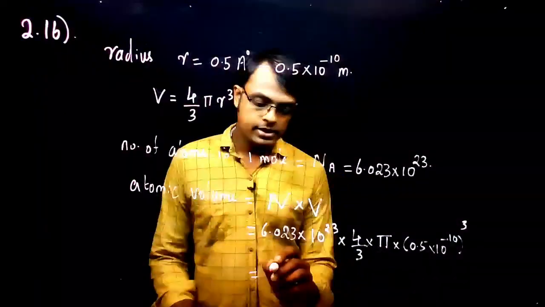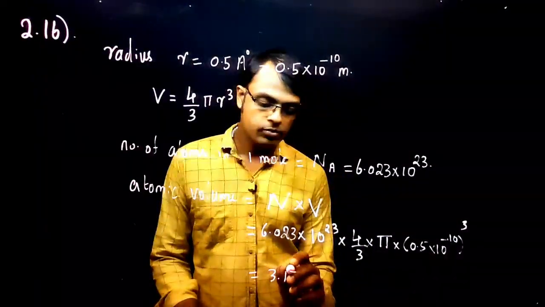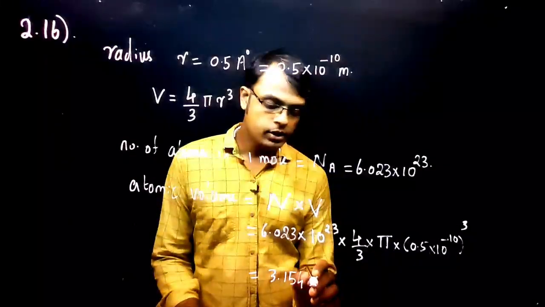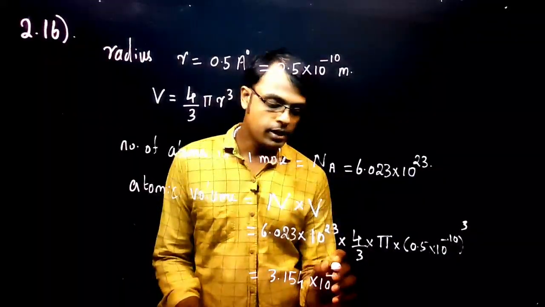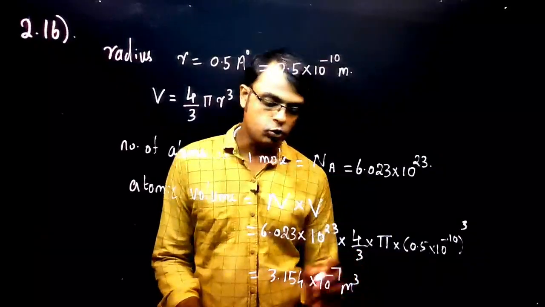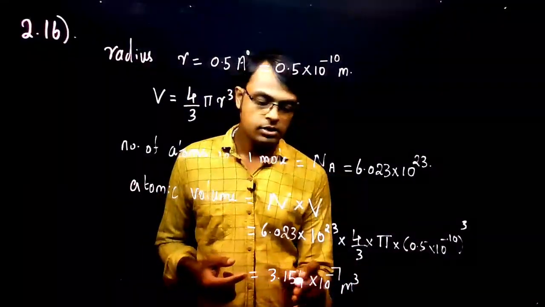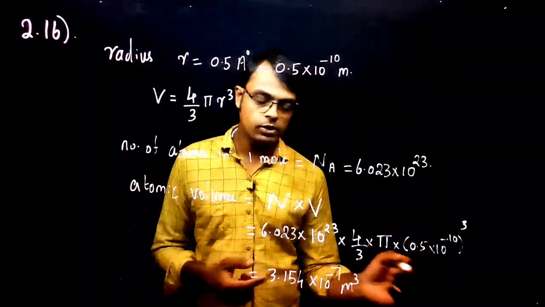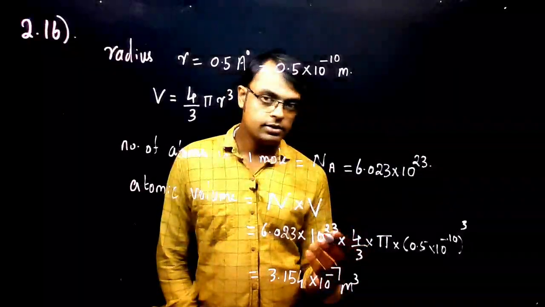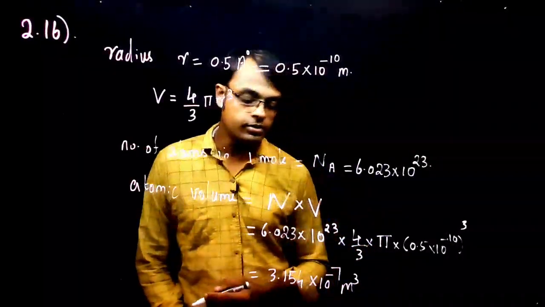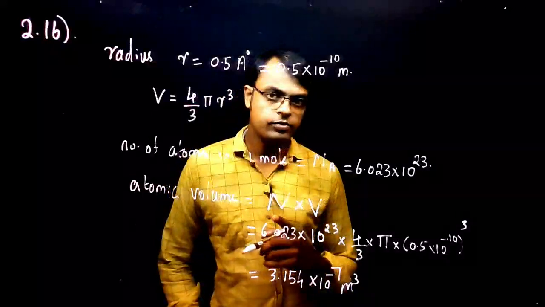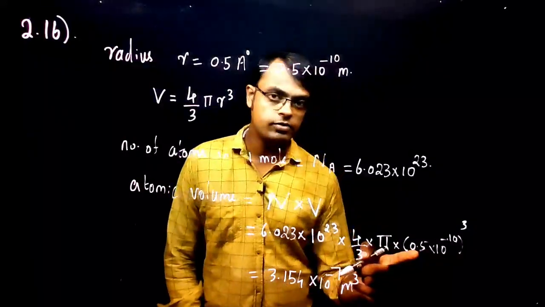Multiply this one and you get the final answer. You are getting this answer 3.154 into 10 to the power minus 7 meter cube. But if you are writing this answer in correct significant figure, only how many significant figures should be there? Only one significant figure, right?